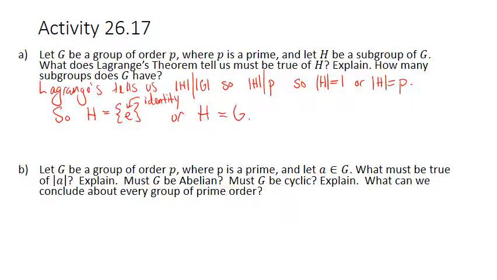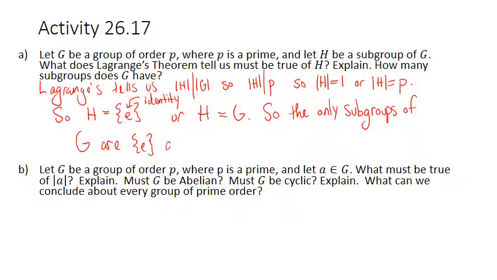So what does this mean? This means that G only has these two subgroups. These are the only ones: what they call the trivial subgroup, the identity subgroup, and then G itself. So G is kind of boring, it doesn't have much structure.